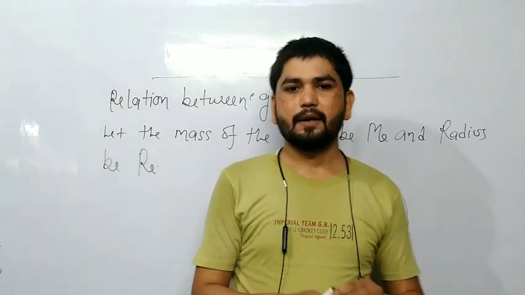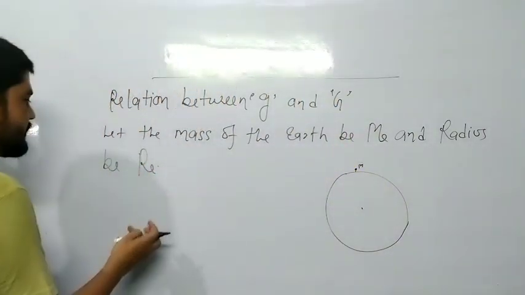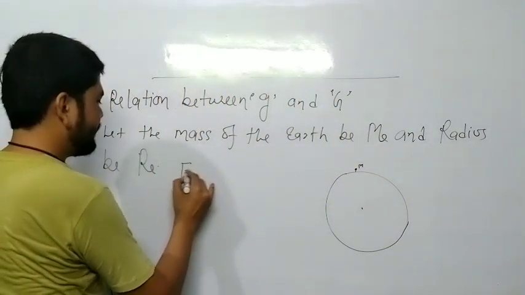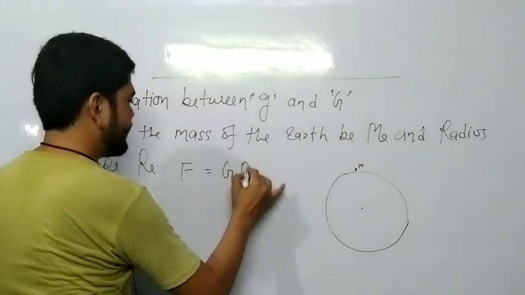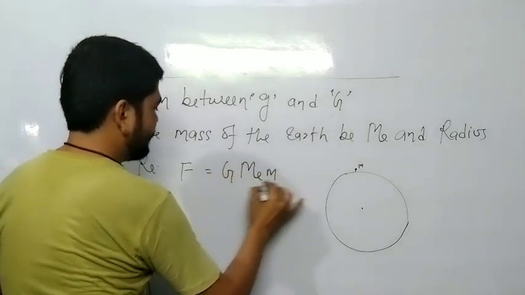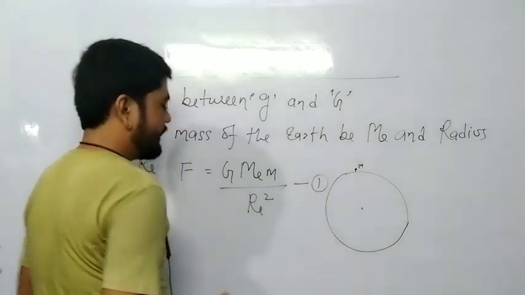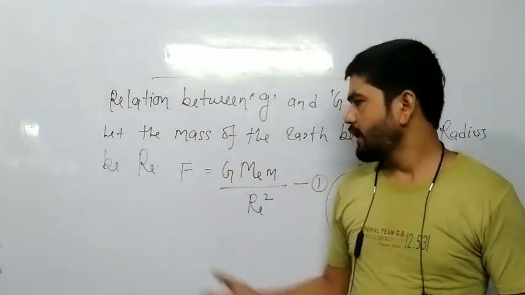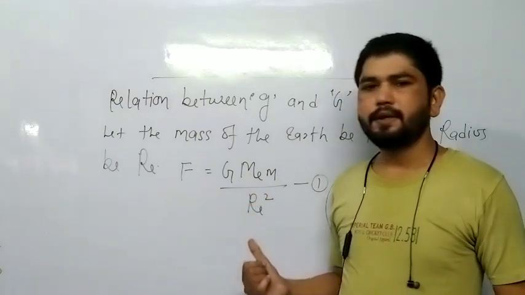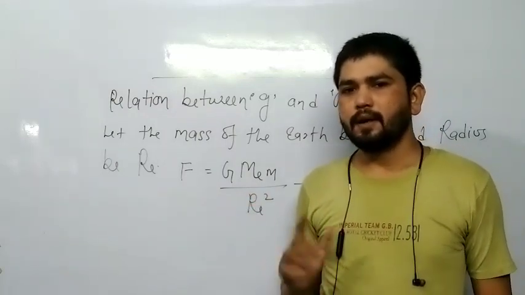Via the universal law of gravitation, we can write F is equal to G M_E m upon R_E square. Equation number 1.